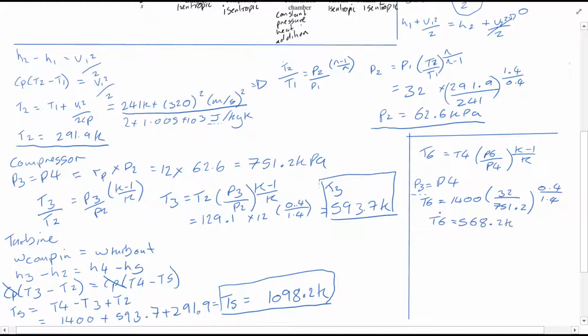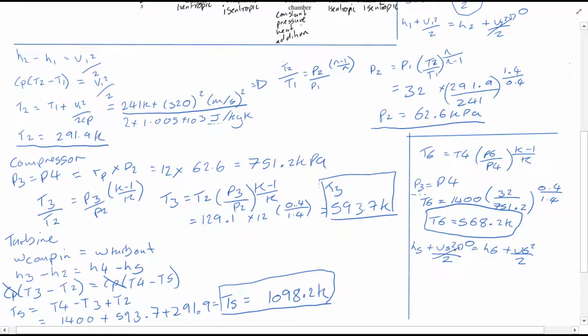Apply the energy equation to the nozzle, and you'll see that H5 plus V5 squared over 2 is equal to H6 plus V6 squared over 2, and of course the velocity V5 is negligible.